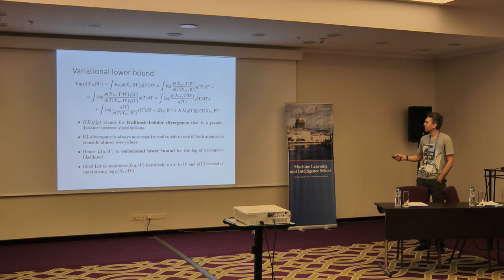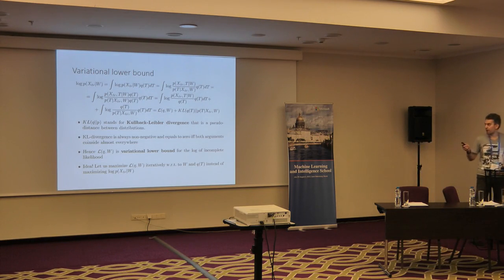The logarithm of this function is a concave function with respect to W. Remember that this distribution belongs to the exponential class by our assumption. And what is this expectation? Actually, this is just a convex combination of different concave functions. A convex combination of concave functions is a concave function. So this means that the maximization of this expression with respect to W is just a convex programming problem. So here is a concave function with respect to W, and it can be maximized in an efficient manner.